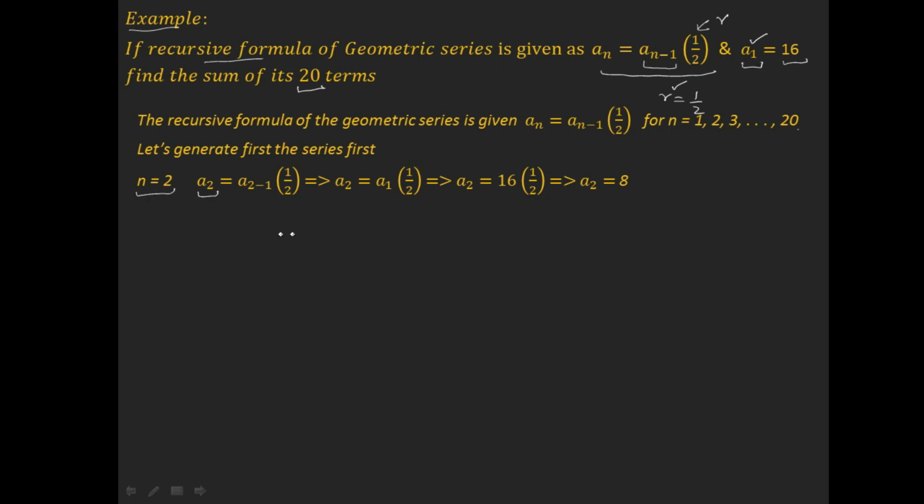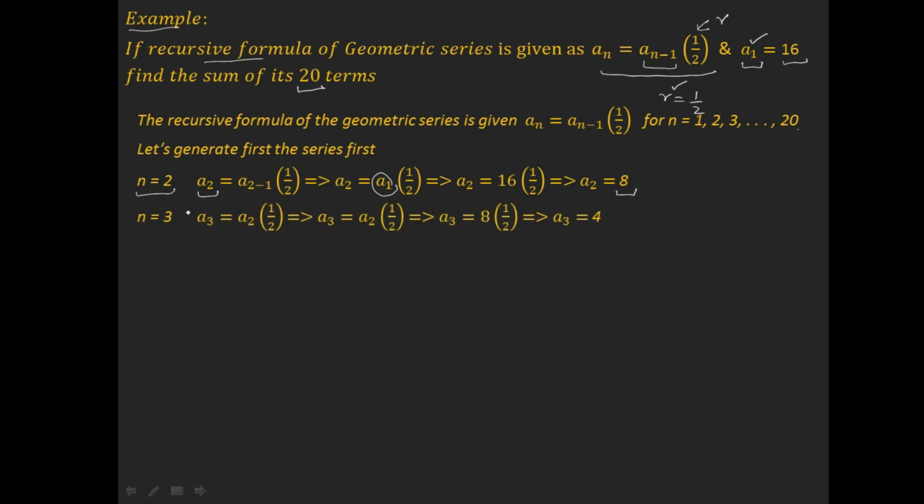So A2 is equal to A2 minus 1 multiplied by 1 by 2, so A2 is A1 multiplied by 1 by 2. A1 is 16, so 16 multiplied by 1 by 2, and the second term is 8.